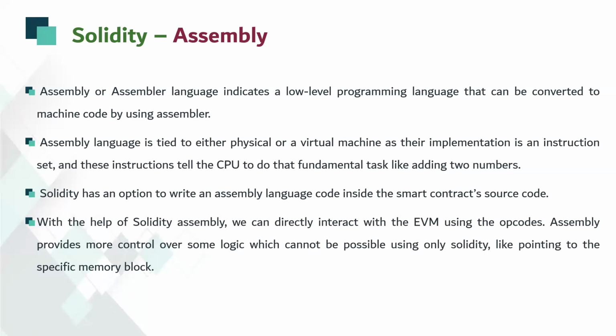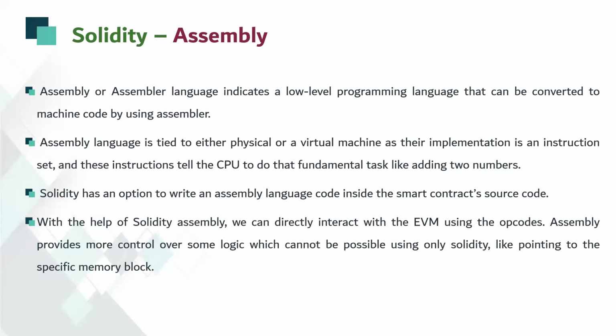These opcodes can be used to interact directly with the EVM and perform tasks that may not be possible or efficient using only Solidity. By using Solidity assembly, you can have more fine-grained control over the execution of your contract and access certain features that are not exposed by the Solidity language itself.